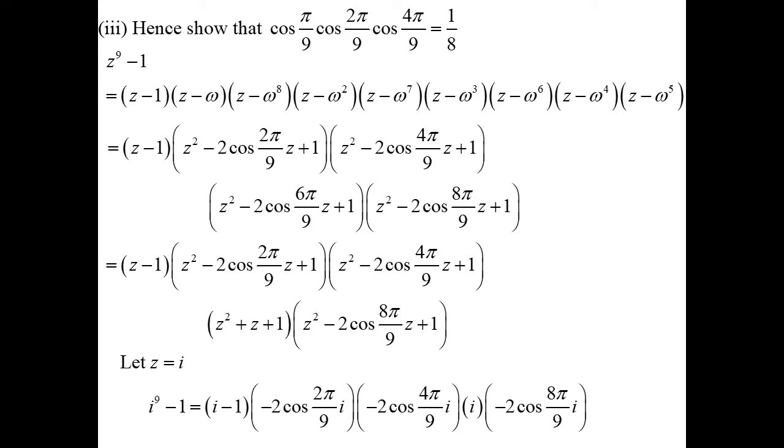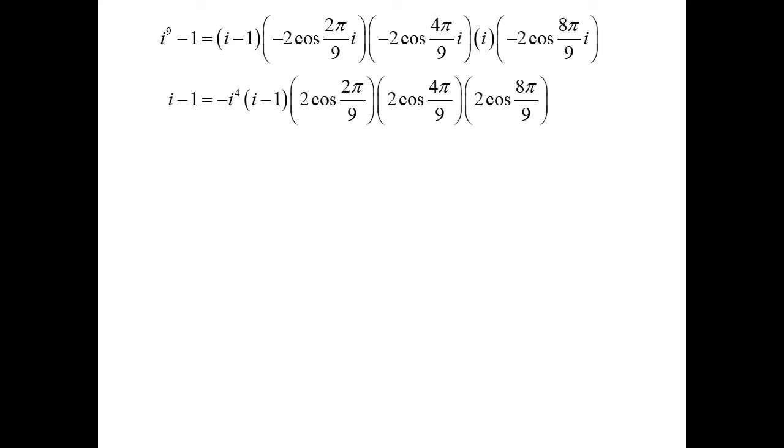But you'll now notice when I expand out, I will get cos times cos times cos, which is what we're looking for. That's the pattern that we want. So, all right, we can do better than that though. i to the power of 9, what's that going to be? i. So we now have i minus 1 is i minus 1 times minus i to the power of 4, because notice the other 4 things, there's a minus i times a minus i times an i times a minus i.